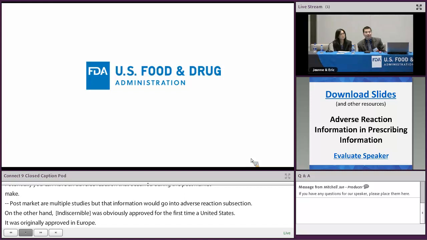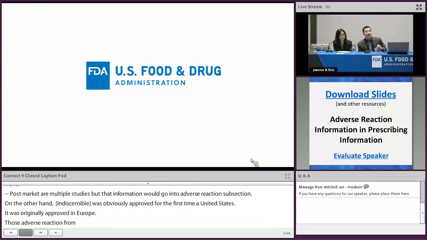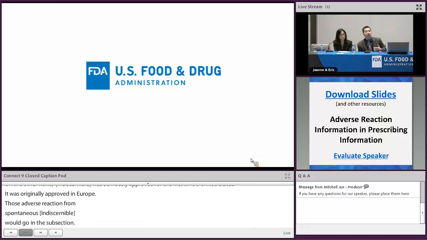So as Jeanne mentioned in her talk, it has to do with the type of data, not the timing of when the adverse reaction occurred. Not the timing, and it doesn't have to do with when the adverse reaction was collected with respect to the approval time.